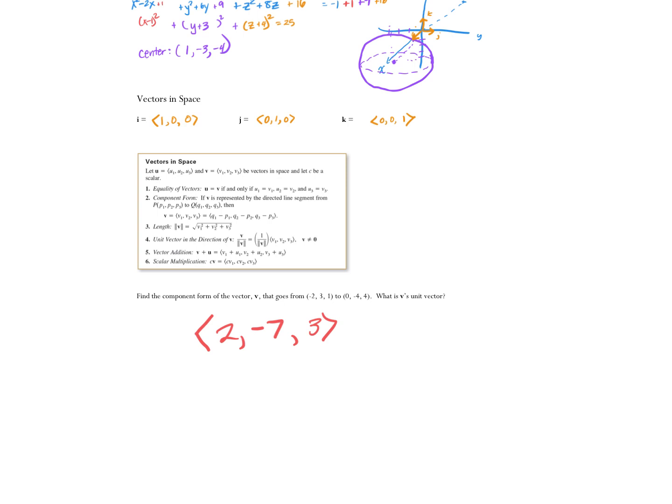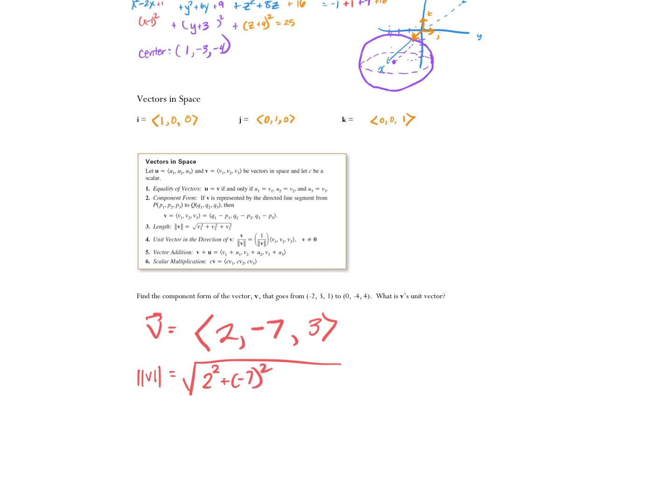So now if I asked you guys to turn this vector, by the way, this is vector v, into a unit vector: right now its length is not 1, but if we wanted to make it 1, we could. What would we need to do? We'd have to divide through by its magnitude, which means we have to find its magnitude, which will be the square root of, well, it used to be 2² + (-7)².